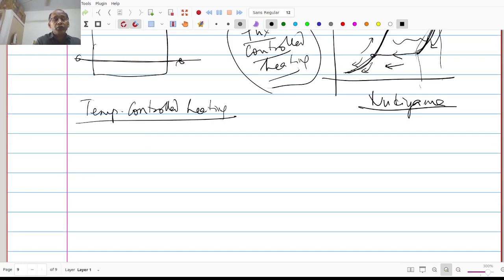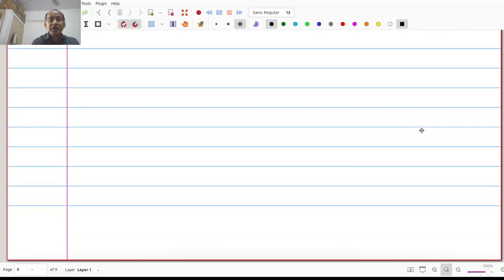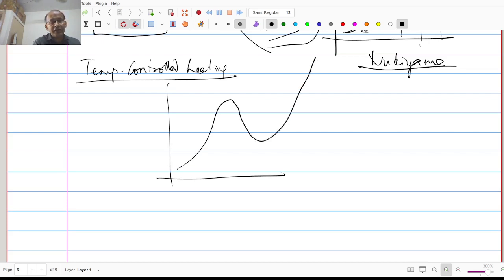where you controlled the T wall precisely, it didn't jump directly from this delta T to this delta T, but it started coming down. So they were able to get the curve in the form that we did. So here, and after that it came down and then it went up. So they were able to do this and this and this, and in the experimentation backwards also they were able to get this.